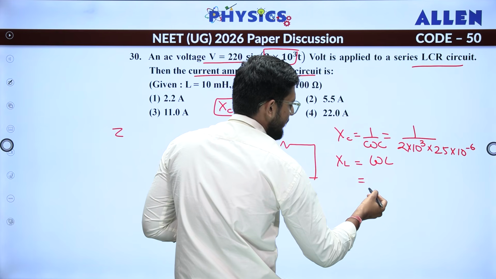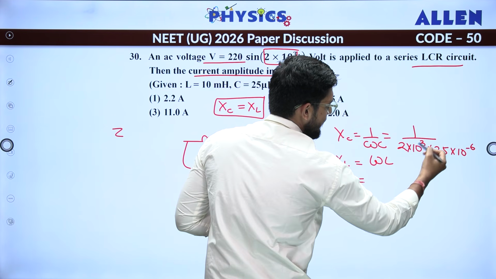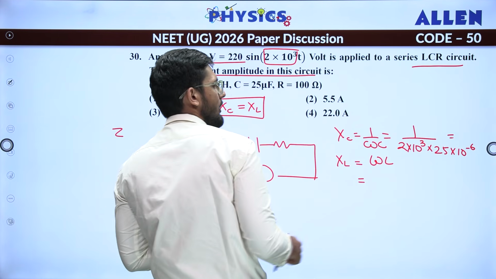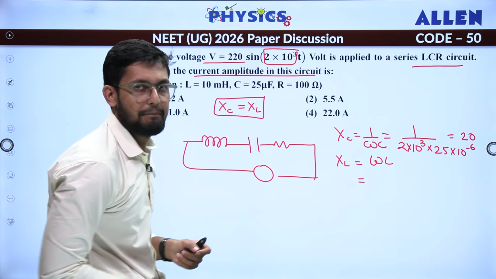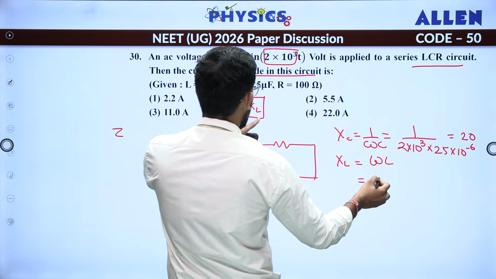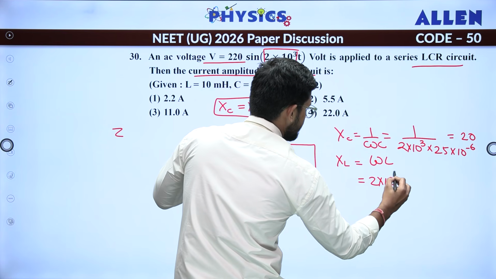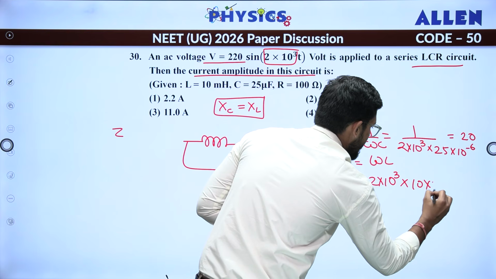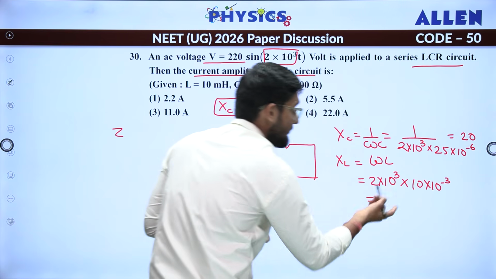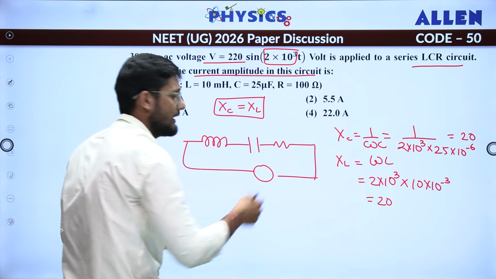If you solve this, it comes out to be 20, correct? And XL is omega, 2 into 10 to the power 3, times L, which is 10 into 10 to the power minus 3. Again it is 20. So XL is equal to XC.